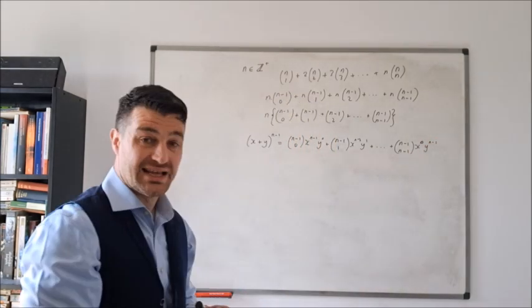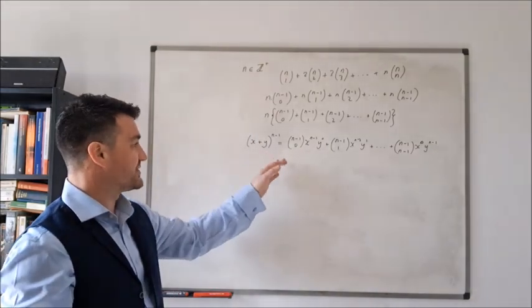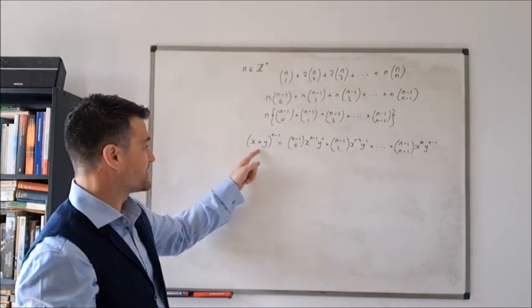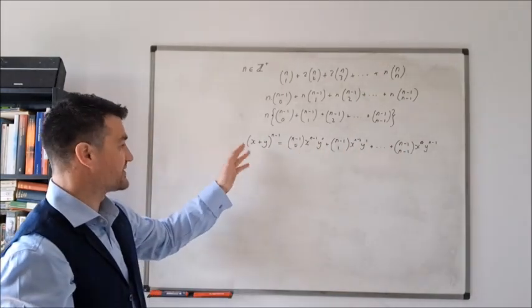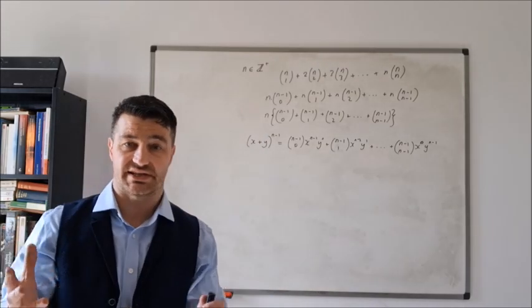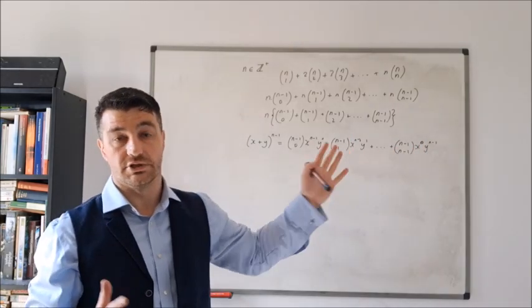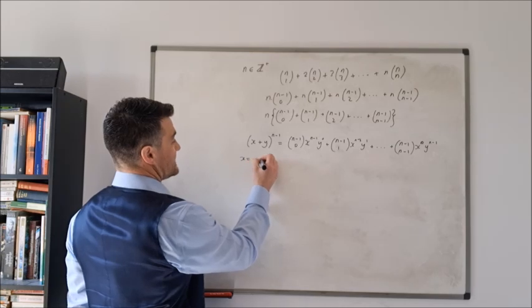So this is just the typical formula for the binomial expansion of the expression (x plus y) to the power of n minus 1. Anybody that's done GCSE Maths should know this. If you don't, learn it because it's useful. So what happens if x is equal to y is equal to 1?